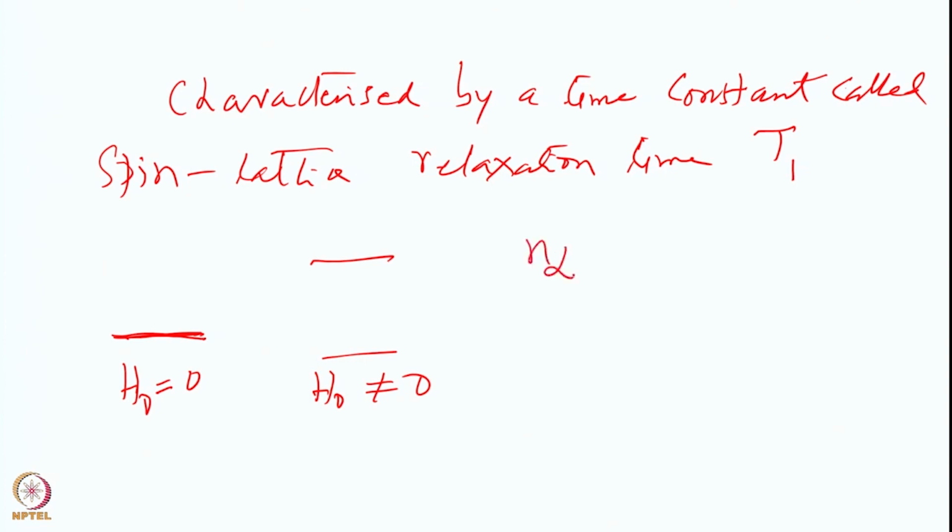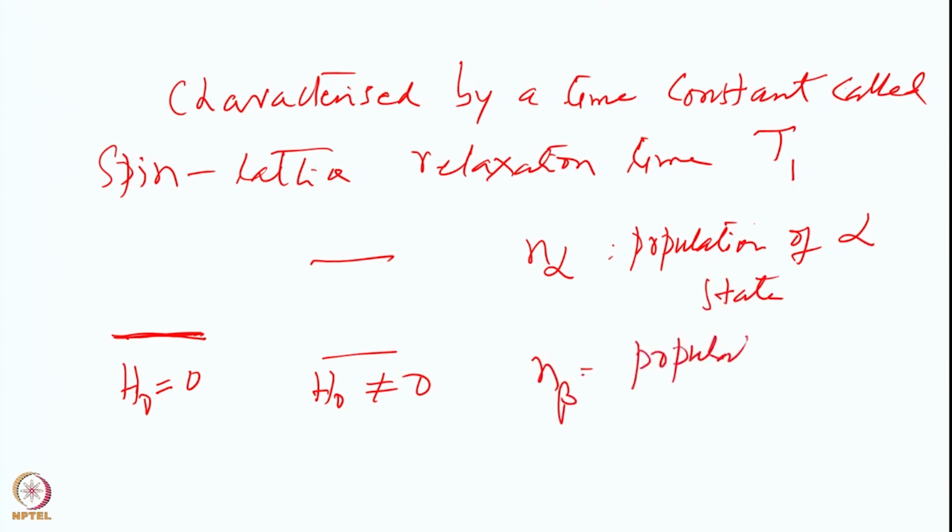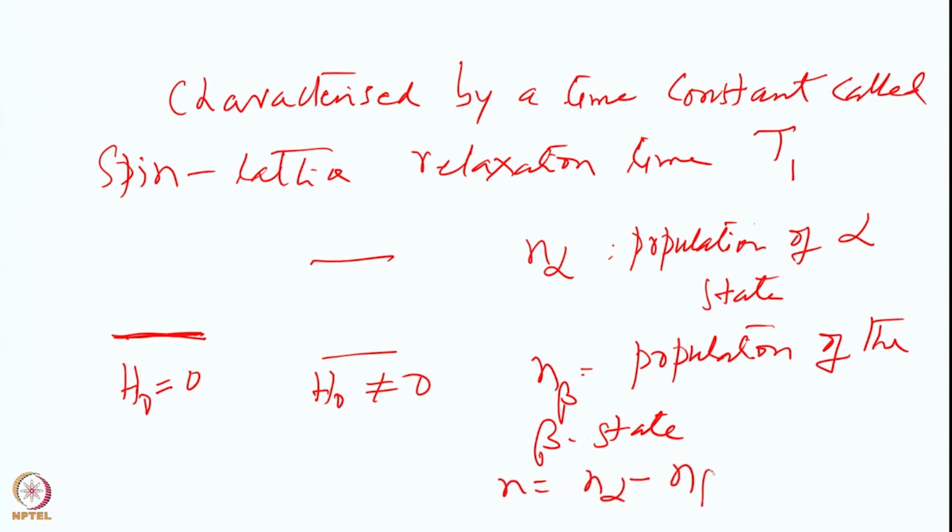Suppose n alpha is the population of the alpha state, and n beta is the population of the beta state, and I define n equal to n alpha minus n beta.